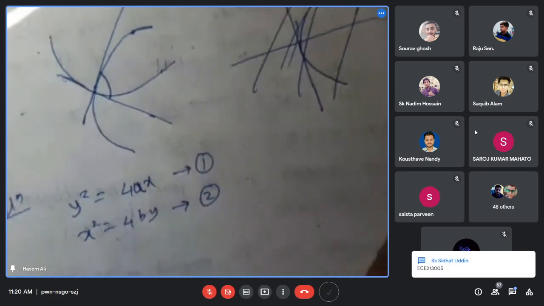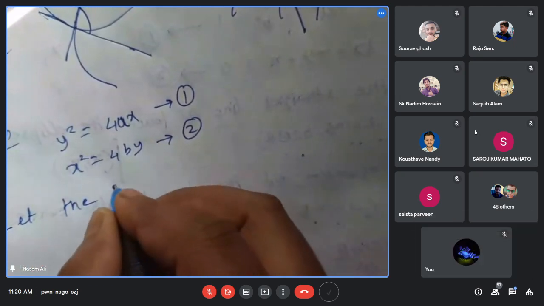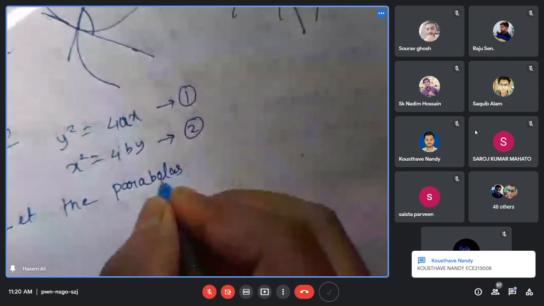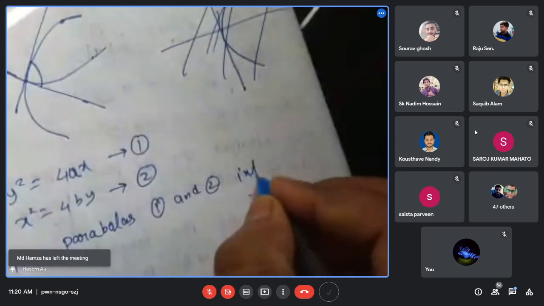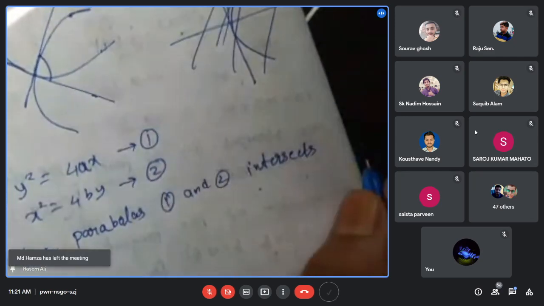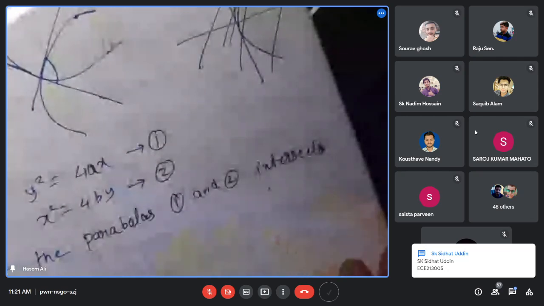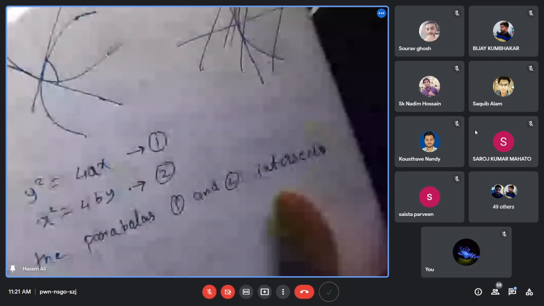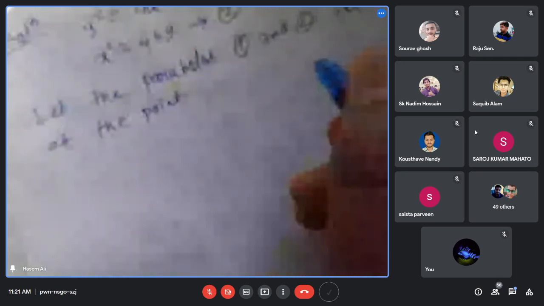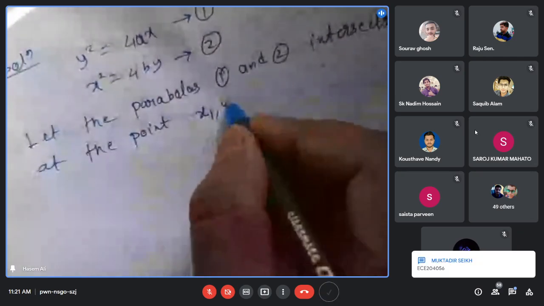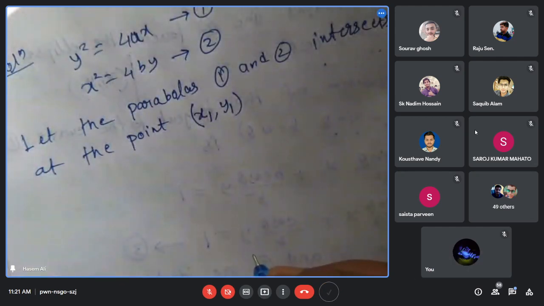Let the parabolas 1 and 2 intersect at the point x1 y1.